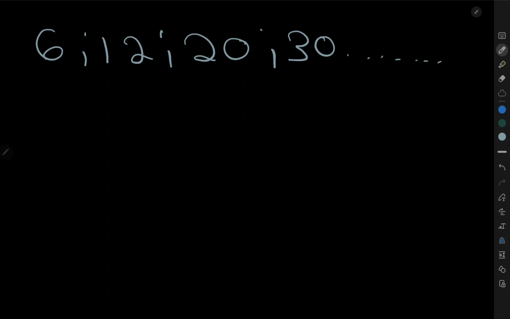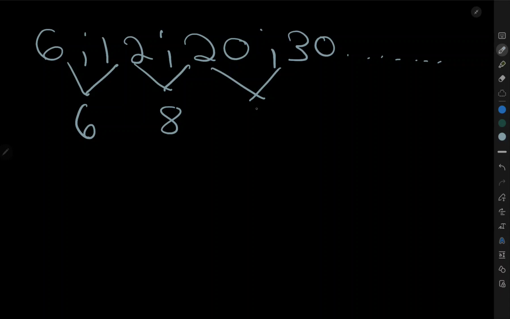So let's say hypothetically we're given a pattern like this, and we're told to predict what the next term will be. With an arithmetic sequence, we search for a common difference. The difference between these two will be 6. The difference between 6 and 20 is 8.